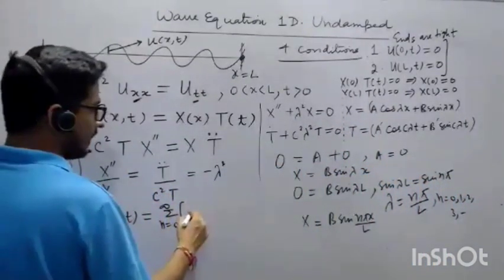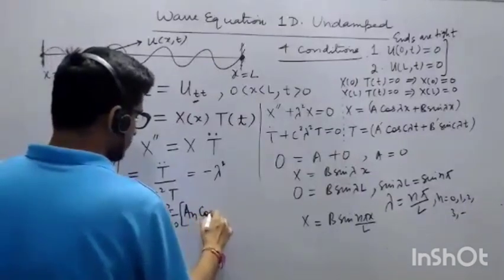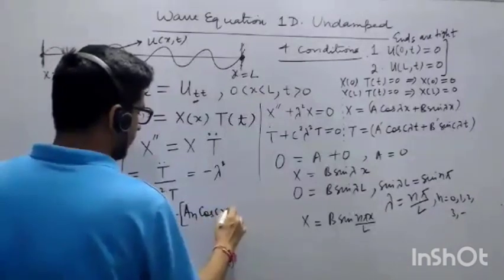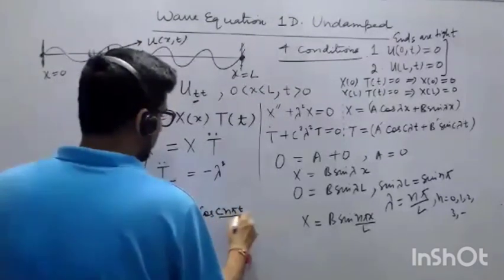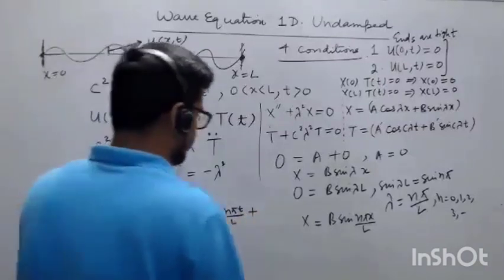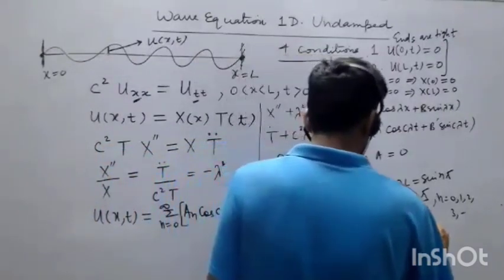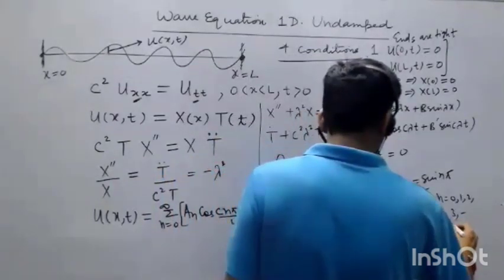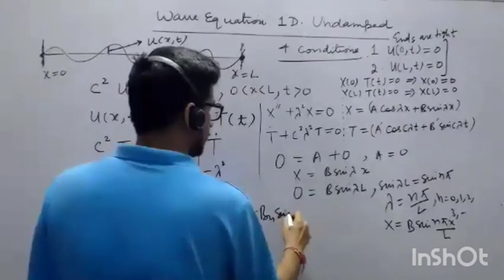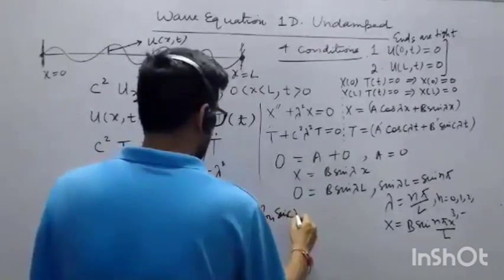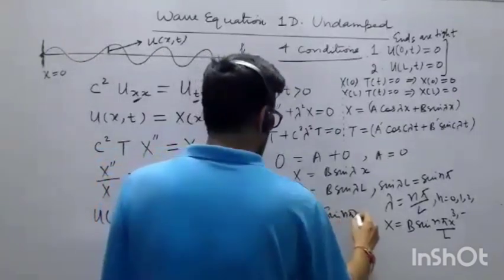So here I am writing this as an cos c n pi t by L plus bn sine c n pi t by l into sine of n pi x by l.